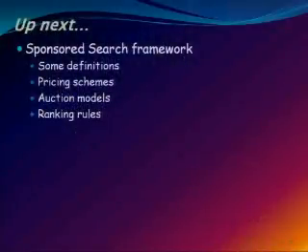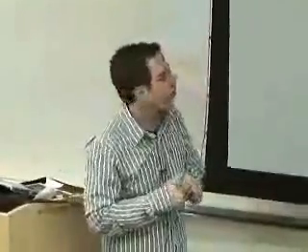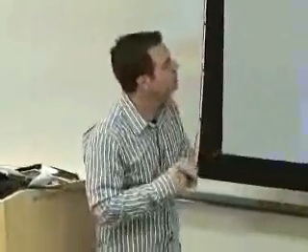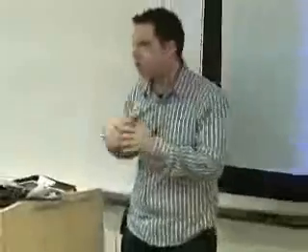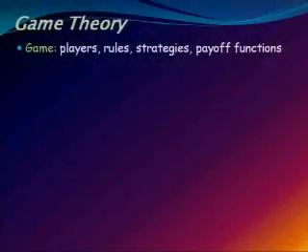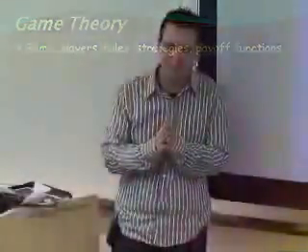And let me move on a little by giving some definitions. Please stop me if anything is not clear. That will be useful to us to try to see in more detail how the scheme actually works. All right. So what we basically have here is a game. We have a set of players, which are going to be, in our case, the advertisers.